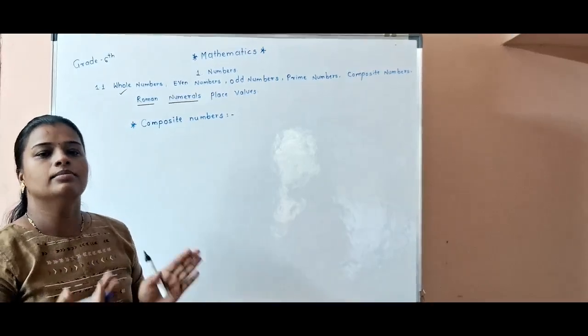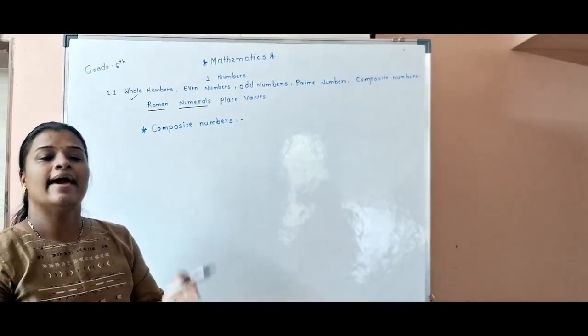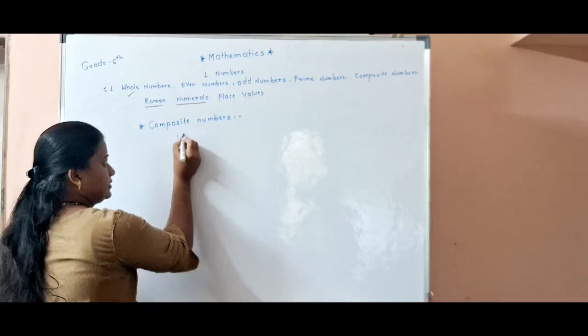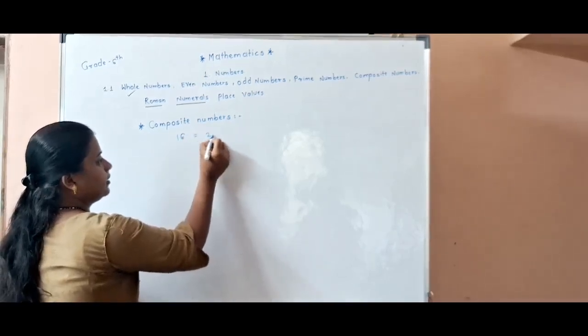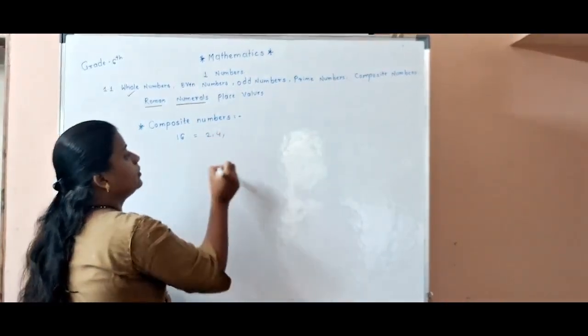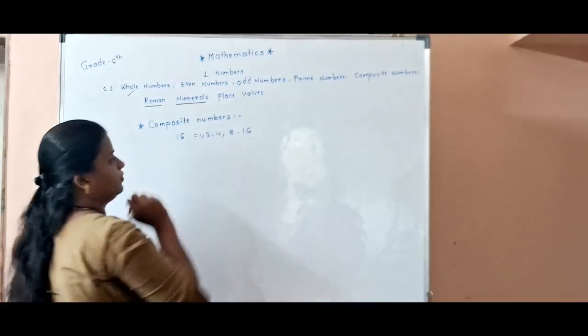For example, I'll take 16. 16 comes under the table of 2, that is a factor. 4 is there, and 8 and 16 itself.